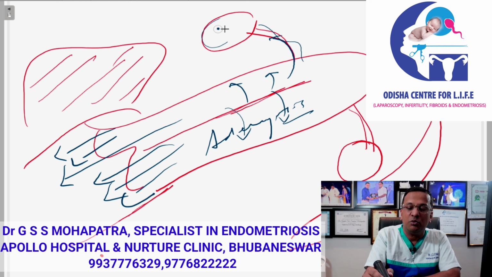So let me clear this chart for you. As we all know, females have an organ called the uterus, right? The uterus has an inner lining which is called the endometrium.